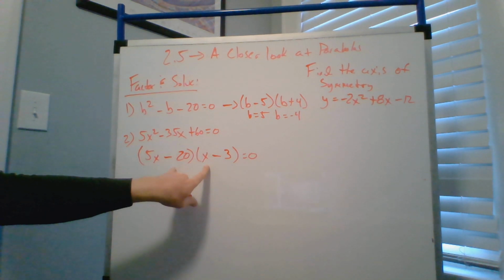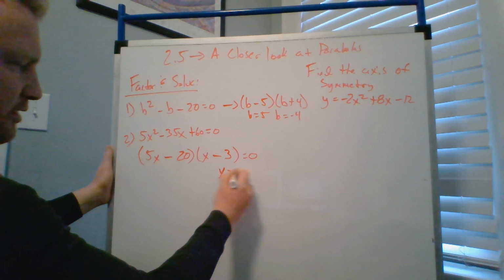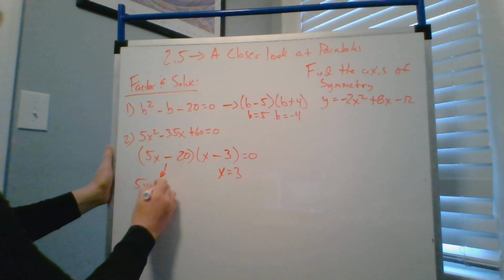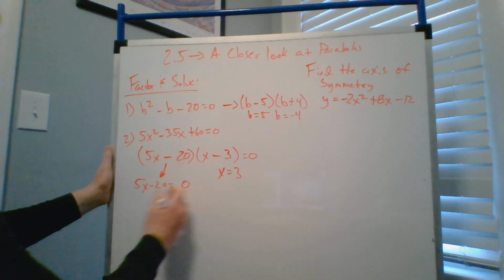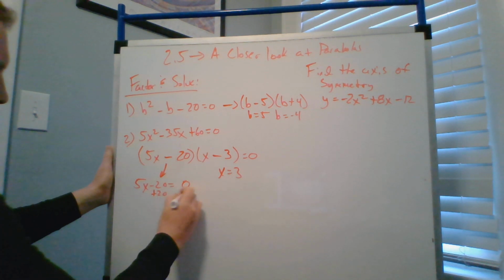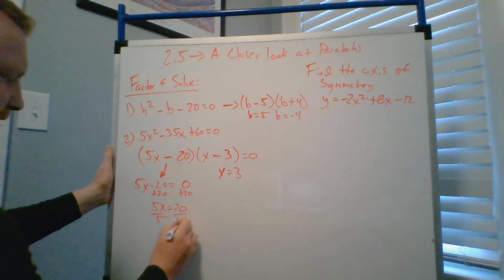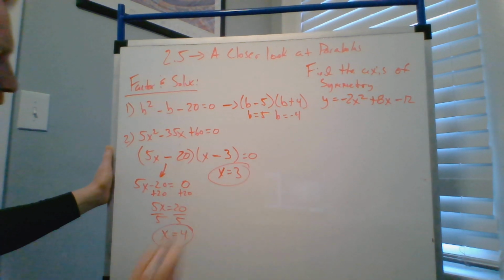So there are my factors, okay? Now this solution is real easy. This is obviously x equals 3. Down here, you gotta do a little work. So I got 5x minus 20. I'm trying to solve for x to make this whole thing equal 0. So I just add 20 to both sides, and I got 5x equals 20. I divide by 5, I got x equals 4. There are my two solutions.